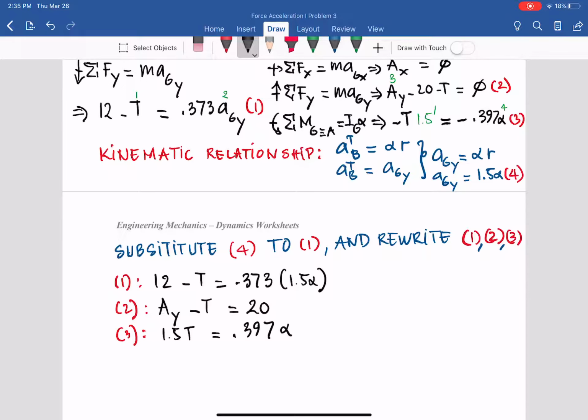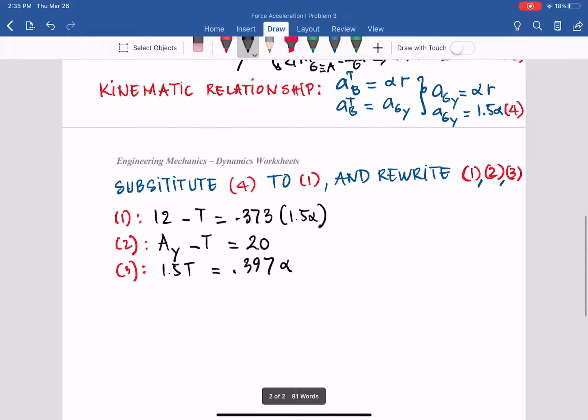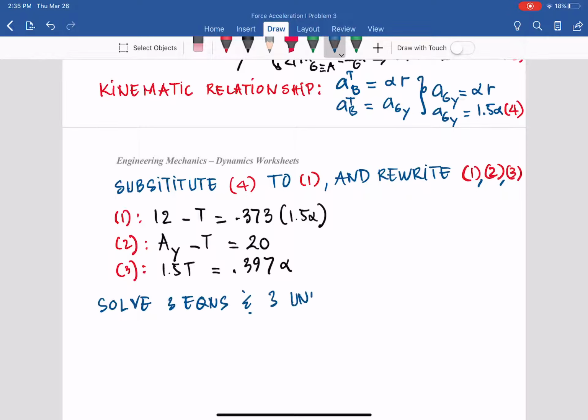So you can set up and solve with your calculator. By now I expect you can solve 3 equations with your calculator. The 3 unknowns are T, Ay, and alpha. So as you can see, solve to get the 3 equations and 3 unknowns.